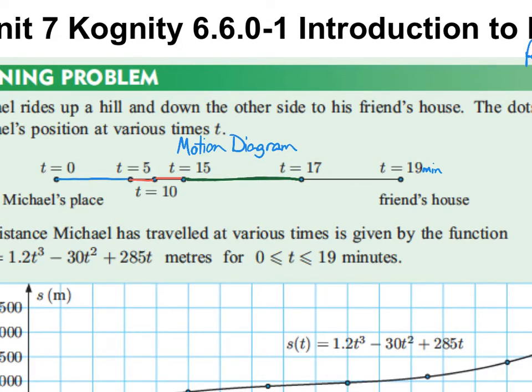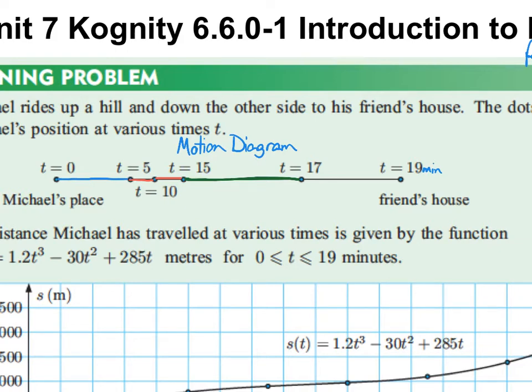Downhill. Yeah, he reached the peak there somewhere around the 15-minute mark. And now he's cruising downhill and going a whole lot faster. Notice he covered about as much ground in those 2 minutes as he did in the first 15 minutes. Okay? And then again, the last 2 minutes, he's still going fast. Okay?